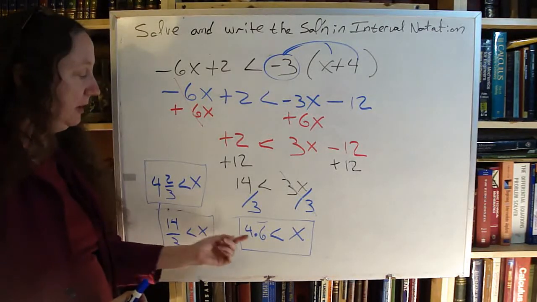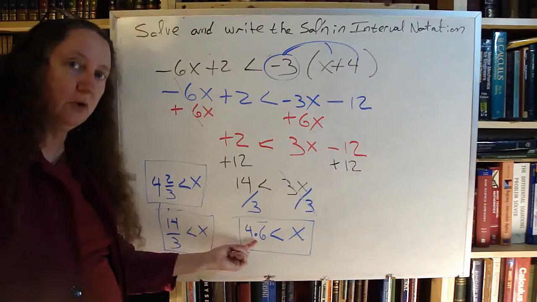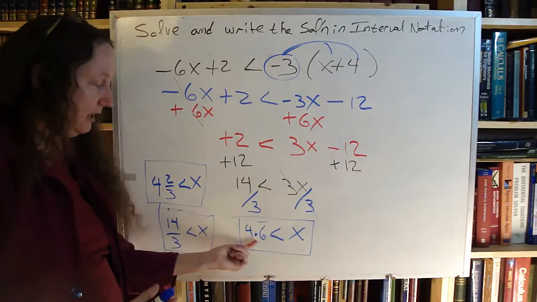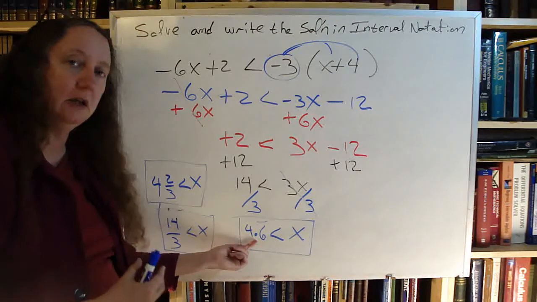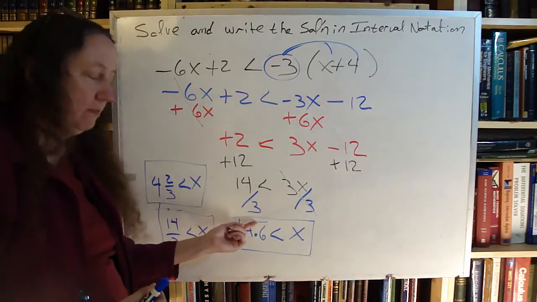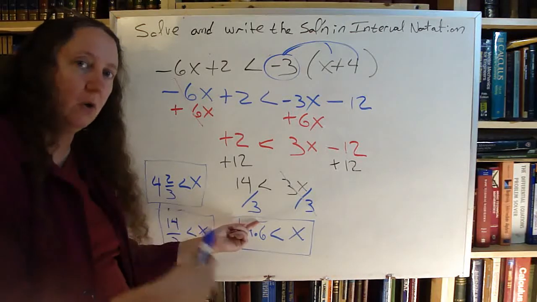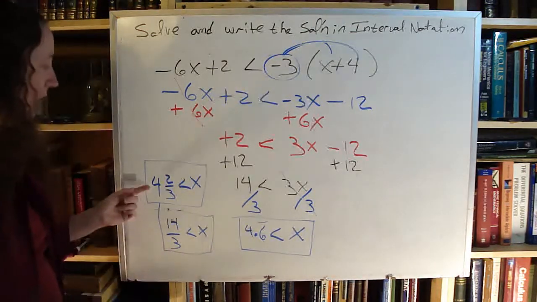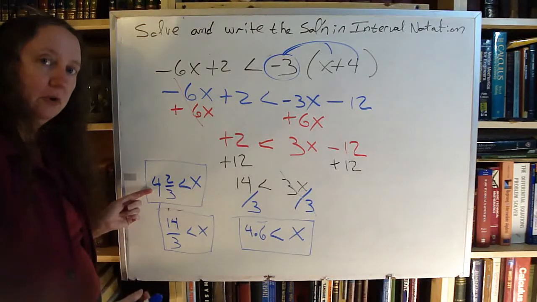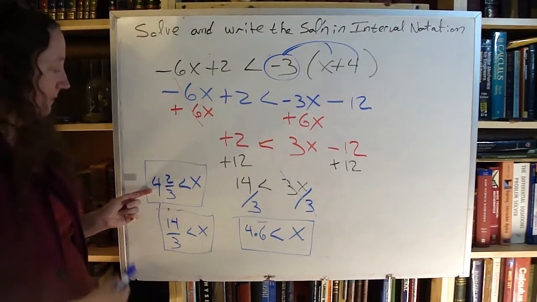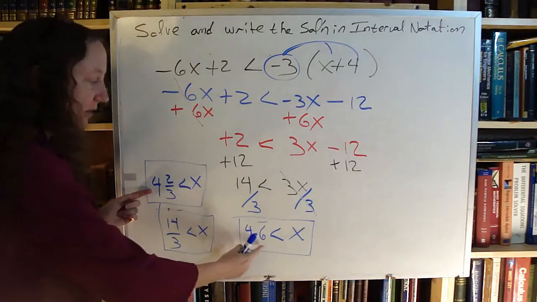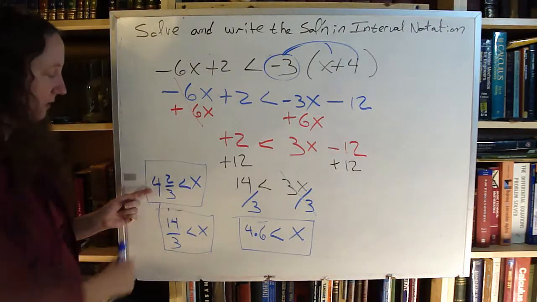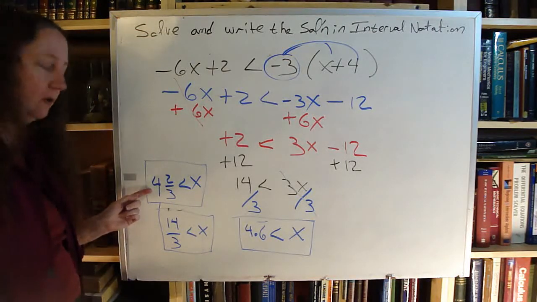Are you being told that a decimal is okay? Well, take it to however far you're allowed to take it and then round it. Or put the bar over it to say it keeps going. Are you told a mixed number is okay? If so, turn that 0.6 repeating into 2/3 and answer it as 4 2/3.